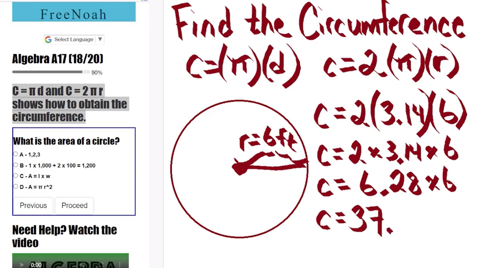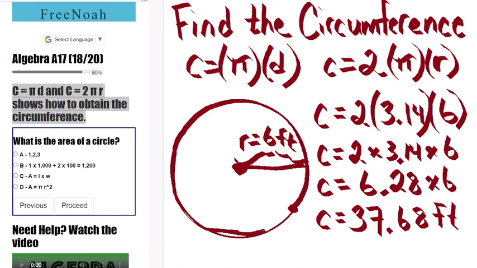Now let's keep multiplying down here. So C equals 37.68. So we can say that this circle has a circumference of 37.68 feet.